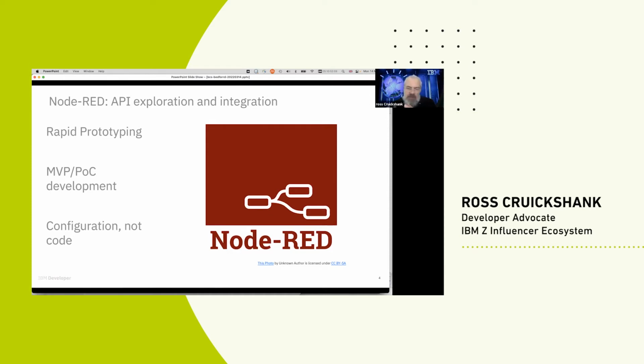It's great for doing a minimum viable product because you can get a user interface up and running, you can get data flows going, you can get in and out of databases, services, and APIs with, I'll show you in a second, very little code. You're configuring more often than not rather than actually putting any code in. There is the scope to do code, which is one of the things I want to cover in a second. But it gives you this general programming capability.